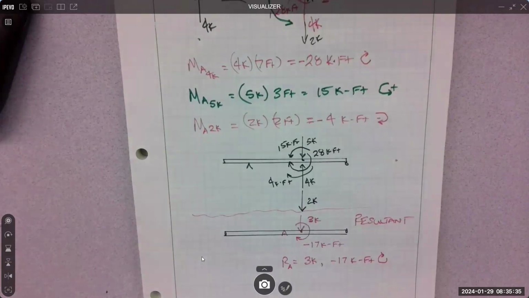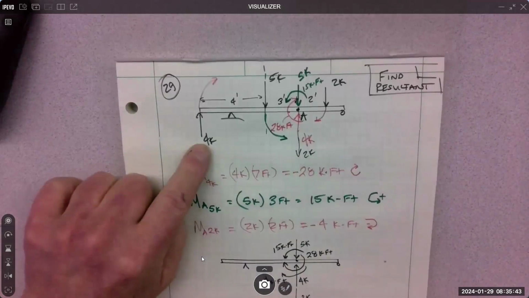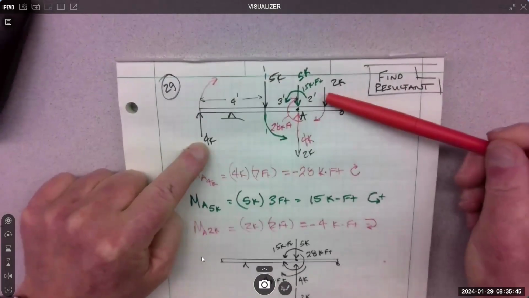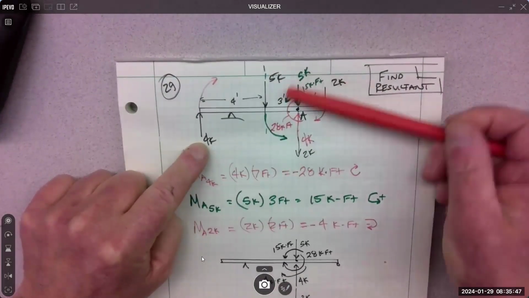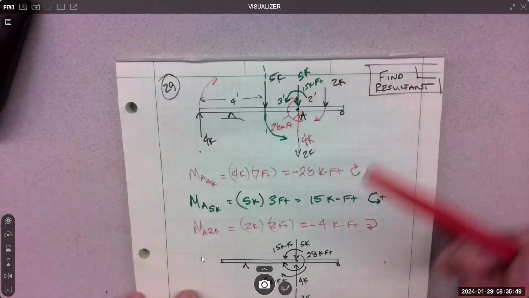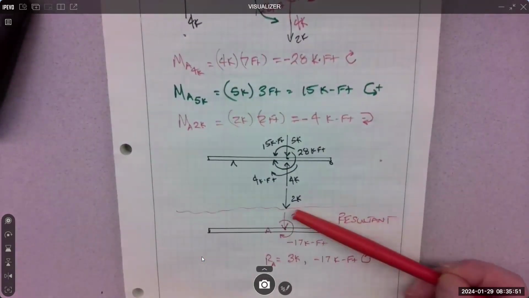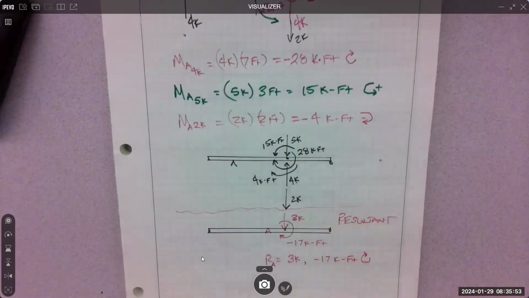So that's a little different problem, but this is the first crack at finding the resultant of a non-concurrent system. So we started with 4K here, 5K here, 2K over here. We wanted to know, like, what does A feel? And A feels this, 3K down and a rotational effect.